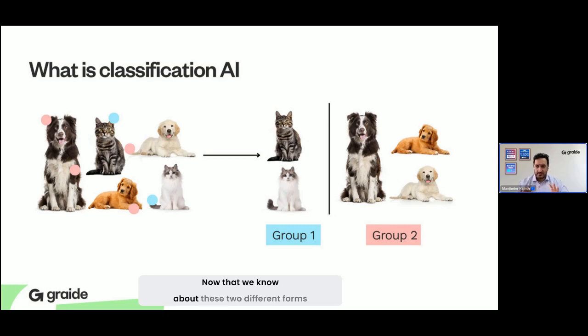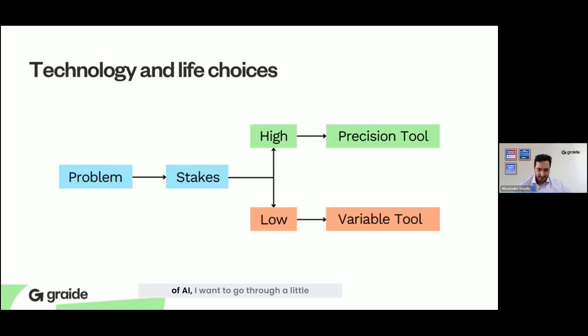So now that we know about these two different forms of AI, I want to go through a little bit of a journey on decision making. See, when we're deciding whether or not we want to use a new piece of technology, I suggest that we think about the risks that are involved. If the risks are relatively well contained, or the variance of output doesn't change the degree to which people will be impacted, well, then we can use a high variability tool.